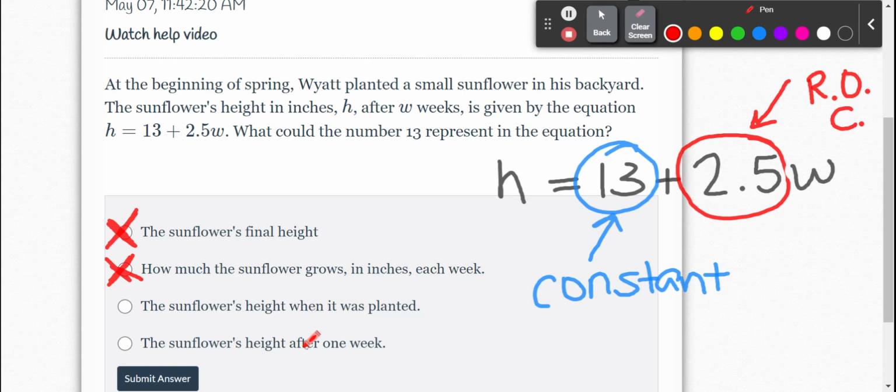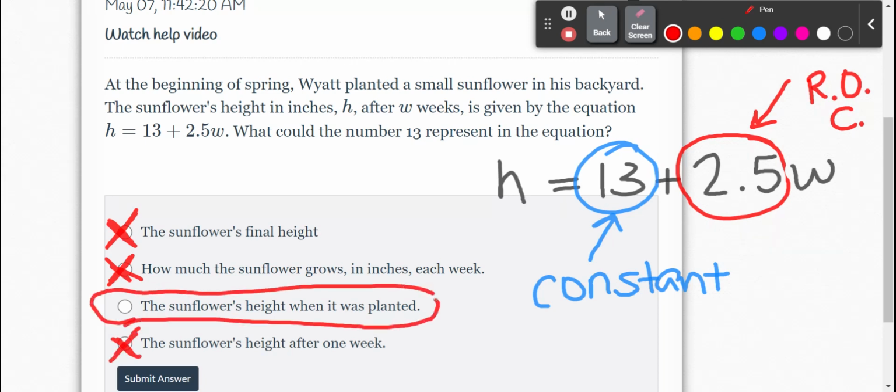Let's just make sure the last one isn't it, and then we can come back to this one. The sunflower's height after 1 week. So that's giving us a specific time frame. In this question, we aren't given a specific time frame, so we can't say that. So we know that it is going to be the third choice. It is the height when it was planted. It was that starting height, and then it grows 2.5 inches per week.